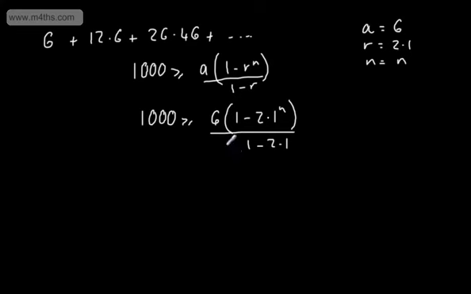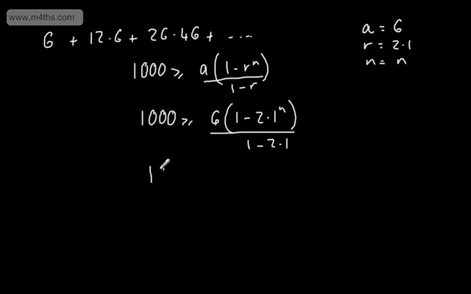Now at this stage we can do some calculations and change the inequality round. What we could do is multiply both sides by this quantity, but that's going to give me a negative number.